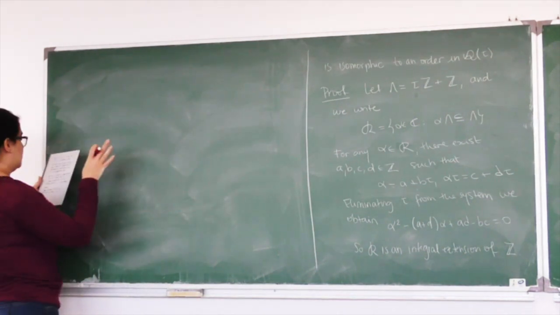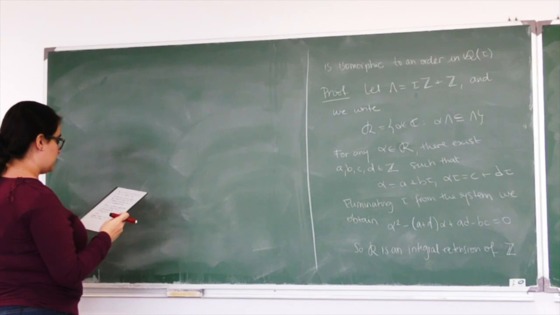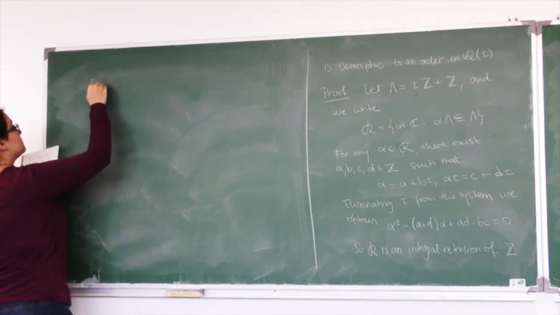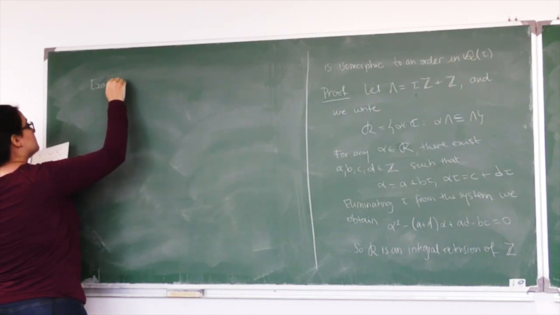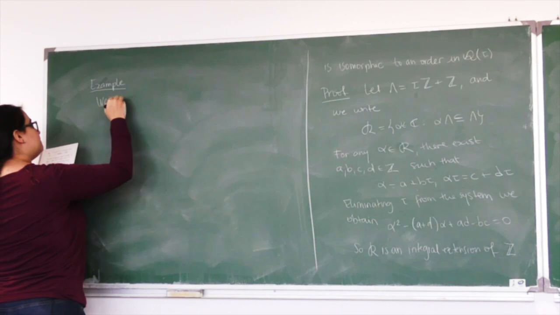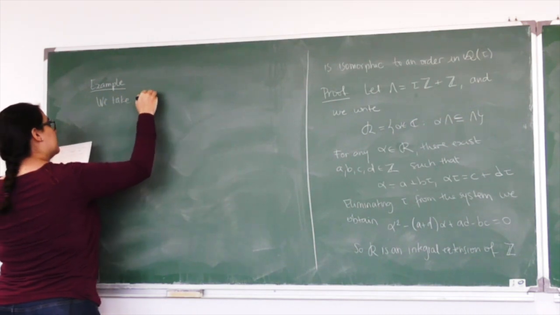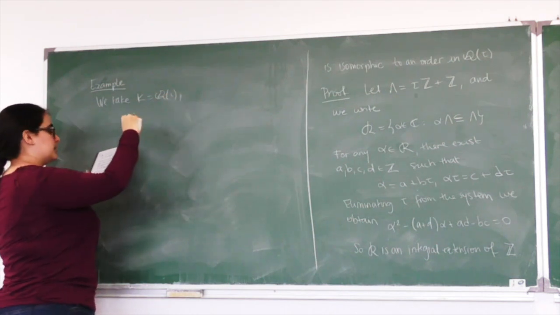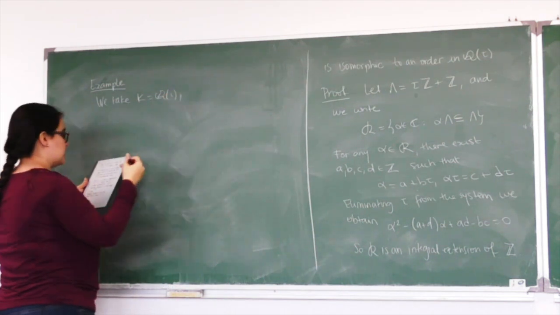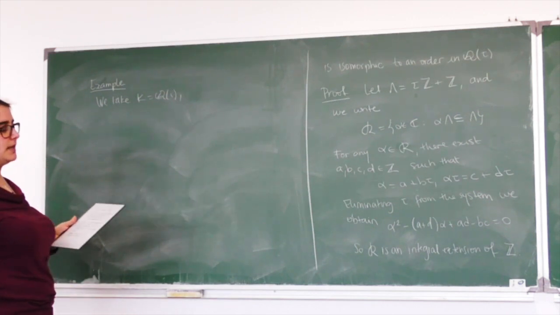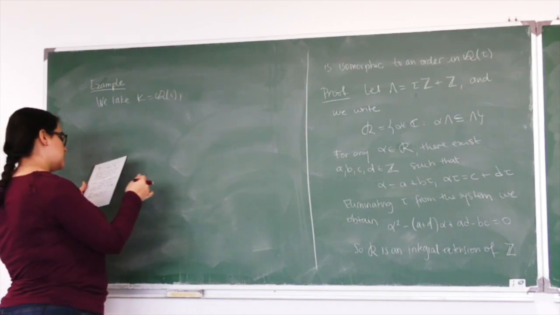So I will show this just with an example. We take k equal Q(i), the Gaussian field. It will give us that the endomorphism ring for the associated elliptic curve that we obtain is just the Gaussian integers.